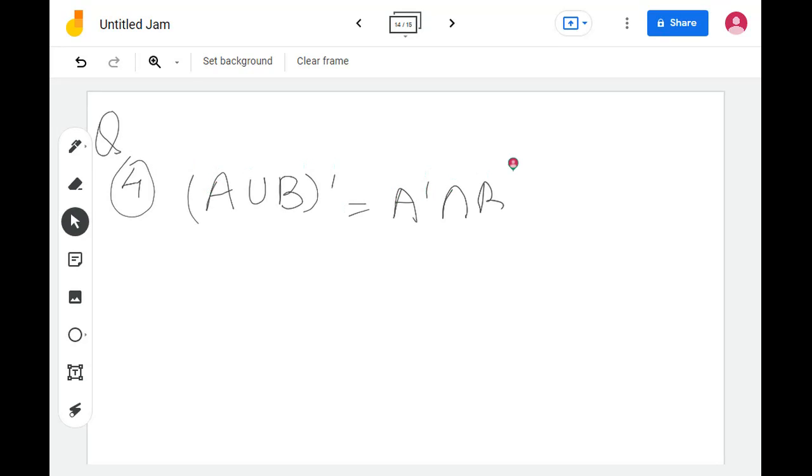First we are taking the LHS, in which we are doing A union B complement.